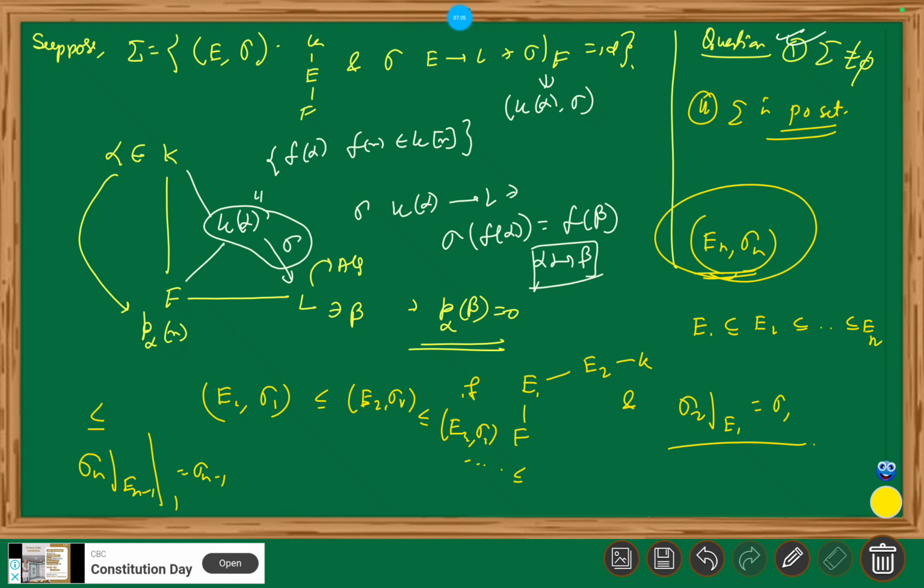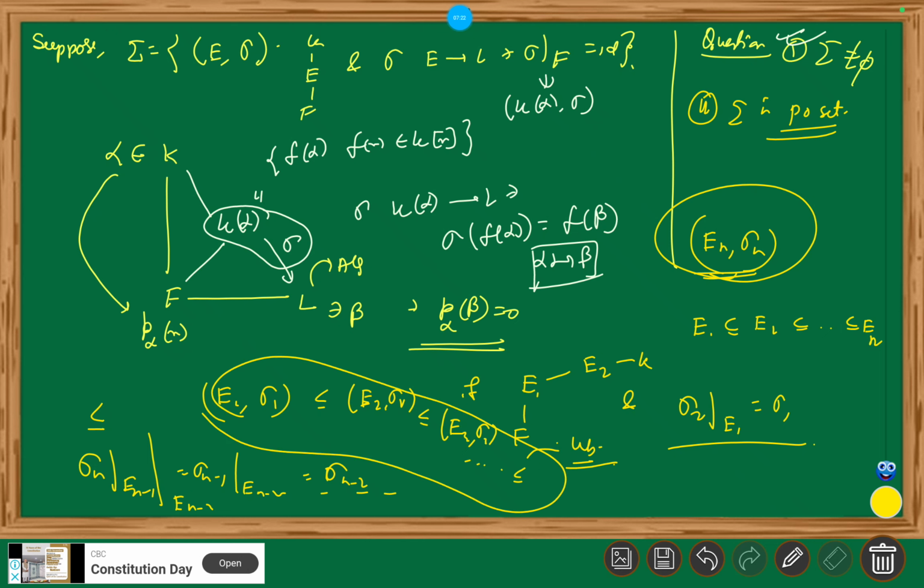Now again if we restrict it up to n minus 2, it's again E of n minus 2, that is sigma n minus 2, and so on, it will go on. Okay, so that means it is a maximum element of any particular chain. So that means any particular chain has an upper bound. Alright, now as it has an upper bound, it must have a maximal element.